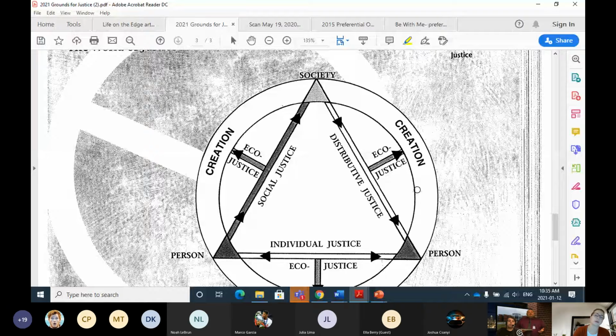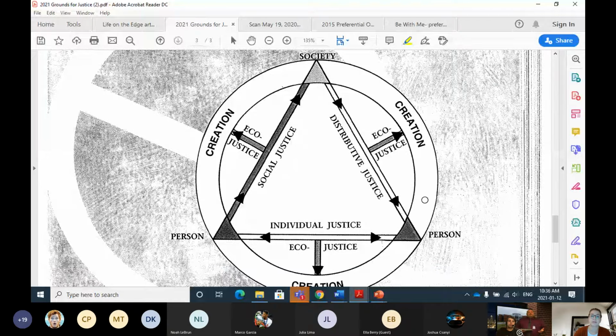So ecological justice has to do with all of creation, right? So including people, but it's all of creation. So that fits around the entire diagram. And then you've got persons and society, right? So individual justice has to do from person to person. Society, we have distributive justice, which has to do with what society basically owes to people.